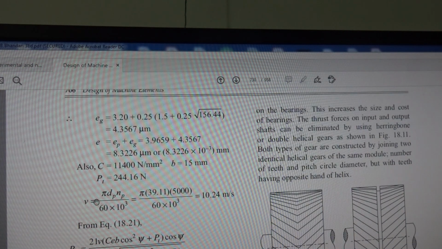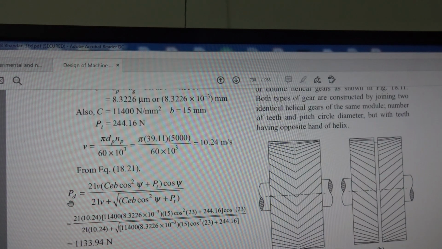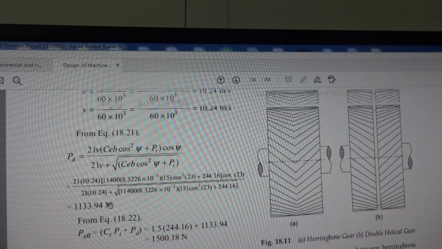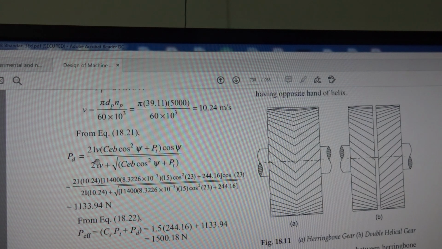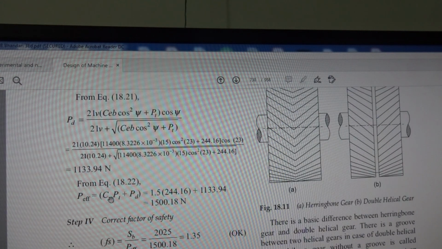V is the pitch line velocity, pi dp np divided by this one. So this is the pitch line velocity. Now PD is equal to, use this formula, I have discussed this formula, substitute all the values, you will get the PD. So this one is the PD, and P effective is equal to CS PT plus PD.